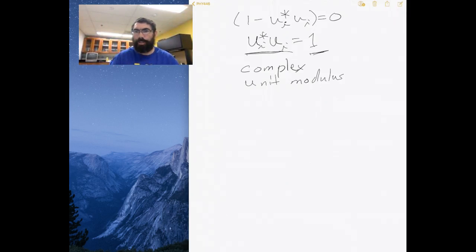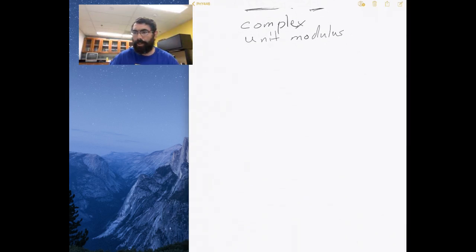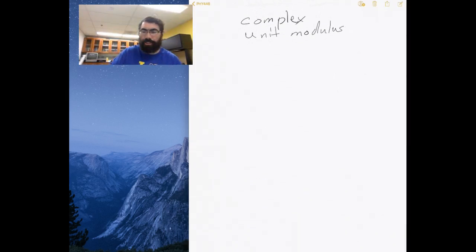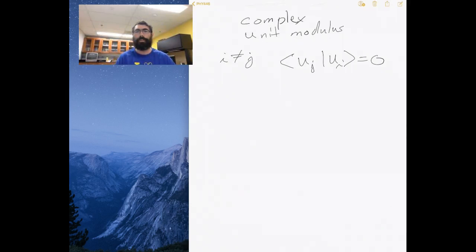Now the second theorem, about the eigenvectors. Let's consider the case of i not equal to j. Now what we're left with is the inner product of u sub j with u sub i is equal to 0.